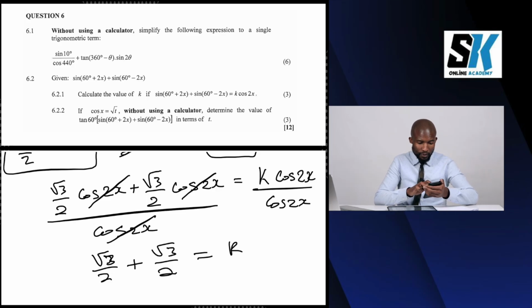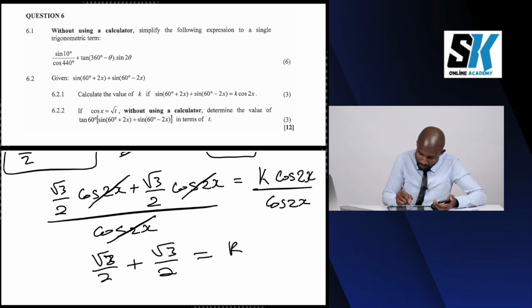So the value of k is going to be root 3 over 2 plus another root 3 over 2, so your answer for k, your k value will be a root 3.